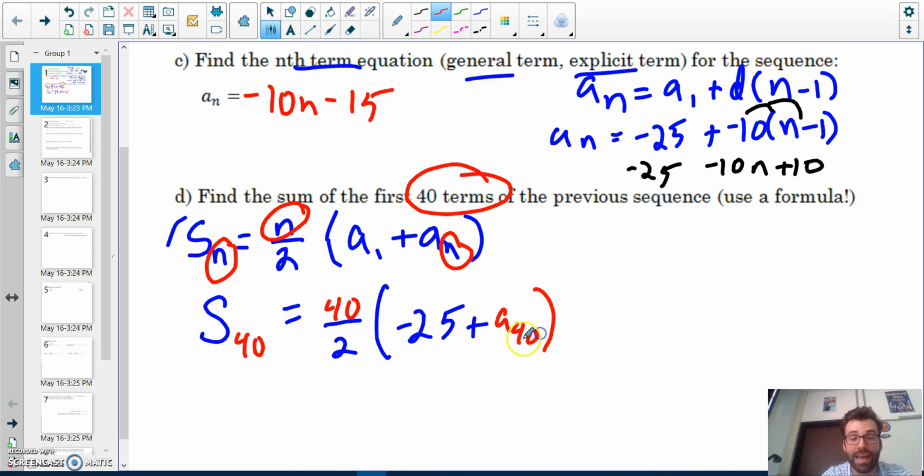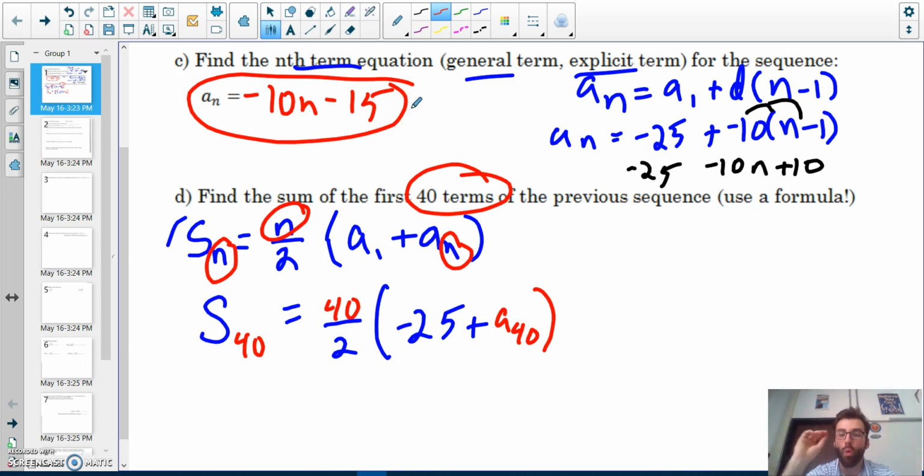Now, it's not a sub n, it's a sub 40, because anytime we're finding the sum of the first 40 terms, anytime I see an n, I put in 40. Do I know what my 40th term is? No, I do not. So I have to use this equation in red. Notice how I put them all in red for you. The color coordination is off the chain.